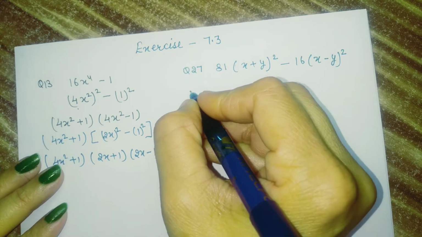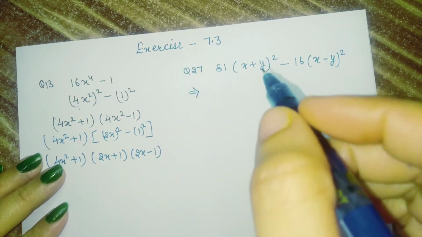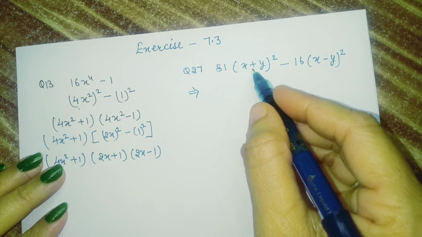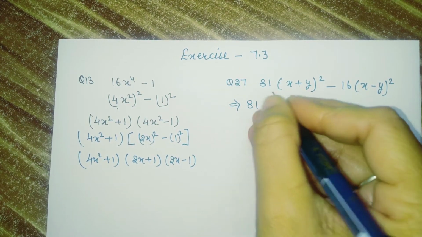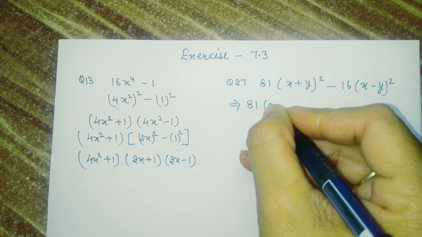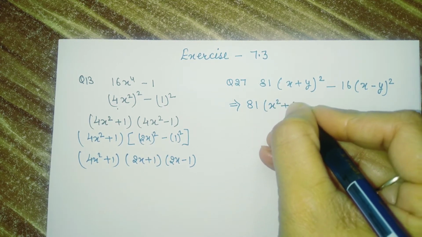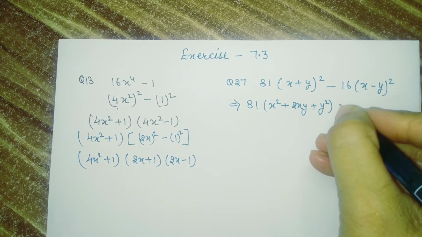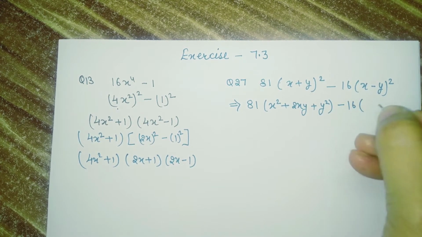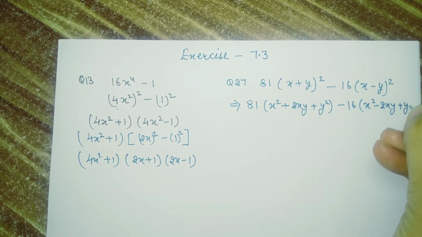How to solve? (x plus y) whole square, first solve using the identity: x square plus 2xy plus y square. Similarly here also, x square minus 2xy plus y square.